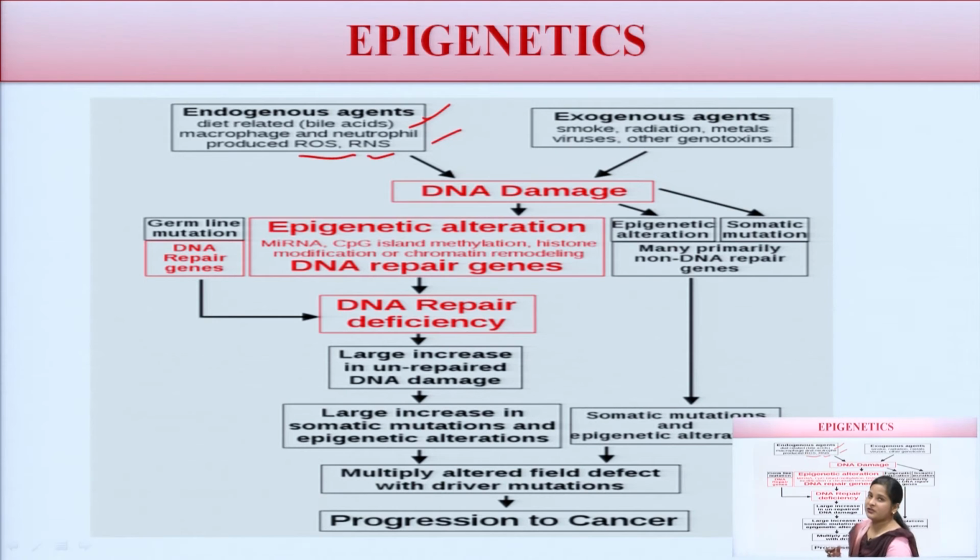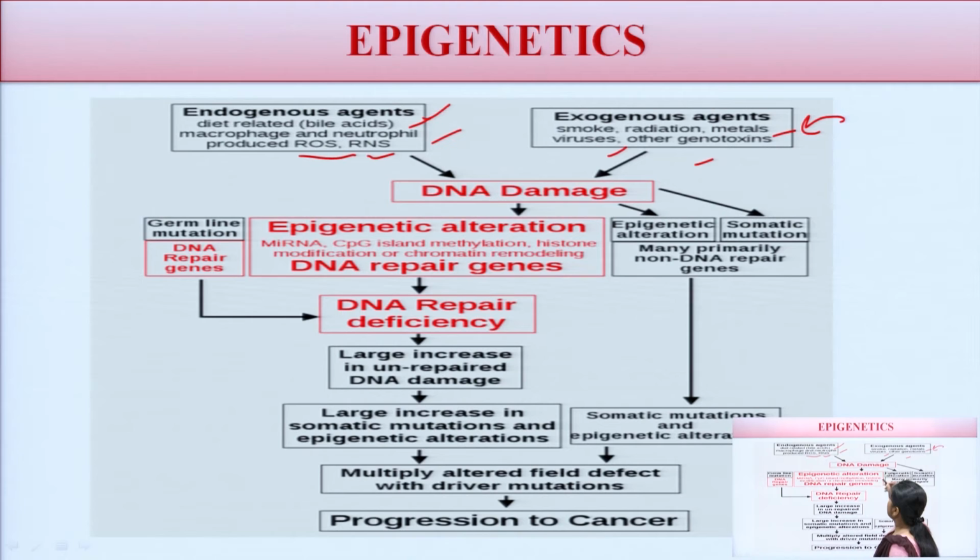They are secreted inside the body, and the genes get mutated. Now, if you talk about exogenous agents, these are smoke, radiation, metals, viruses, and other genotoxins which come inside the body through any kind of exposure, right.